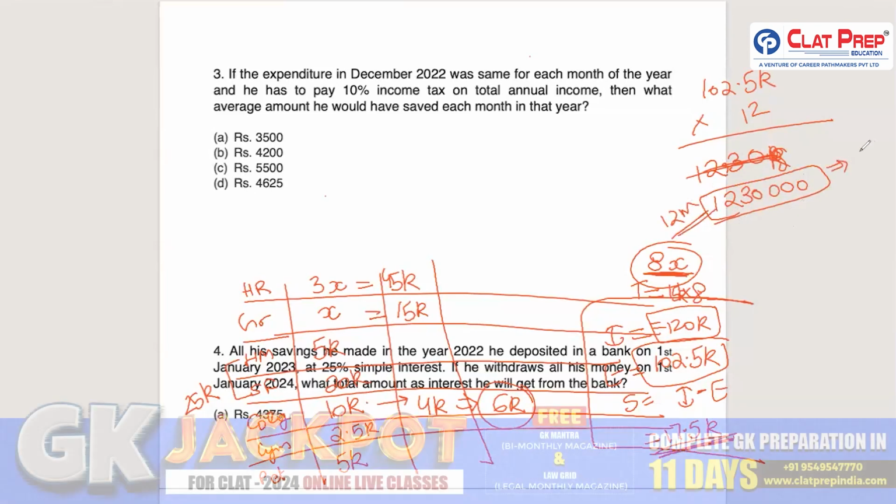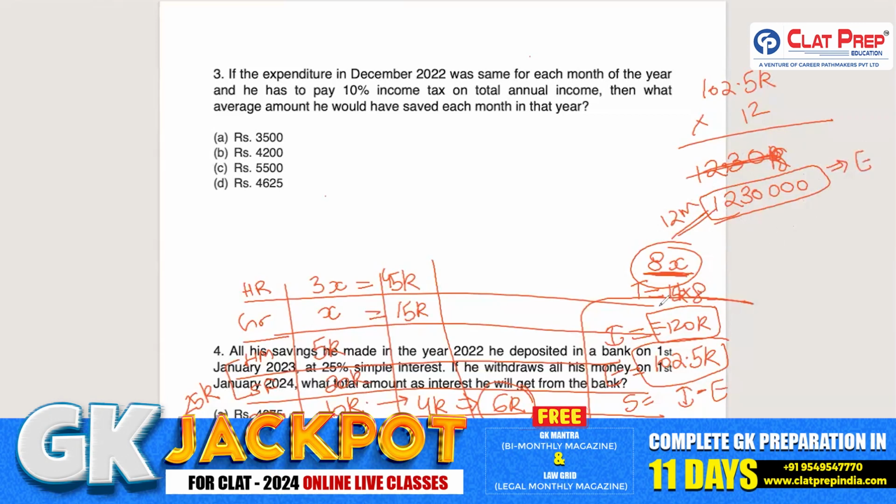12 months की इनकम क्या आई? इनकम एक महीने की थी into 12.